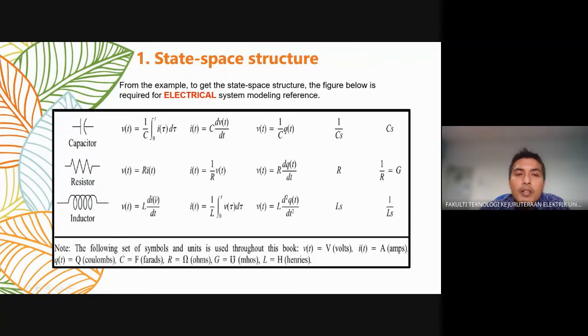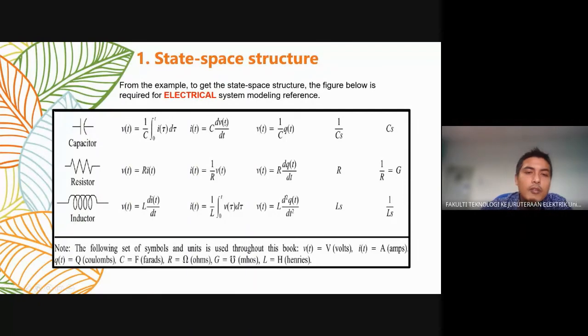Because i_L here refers to the inductor current, this is the first x dot, and then the second x dot will be the voltage of the capacitor.